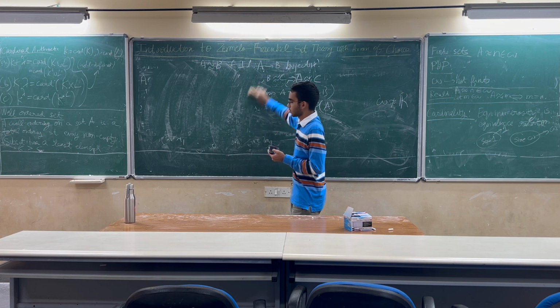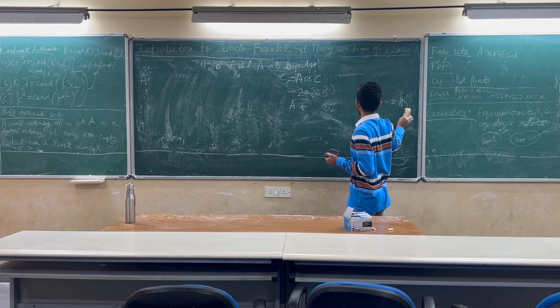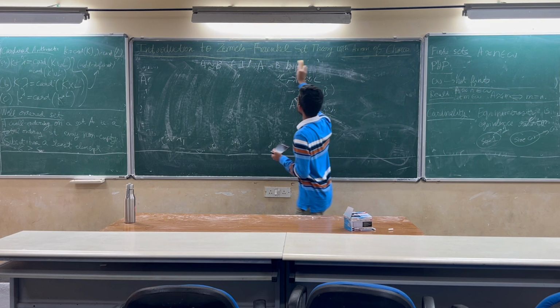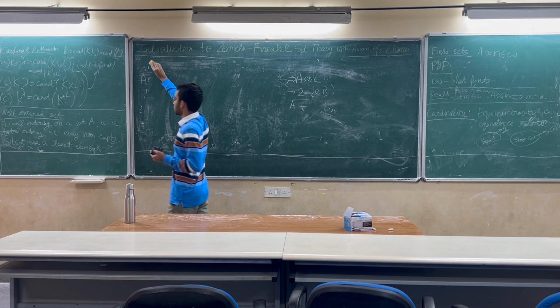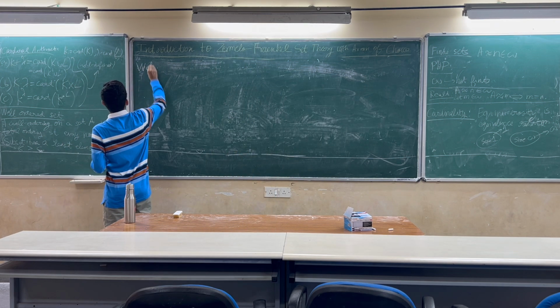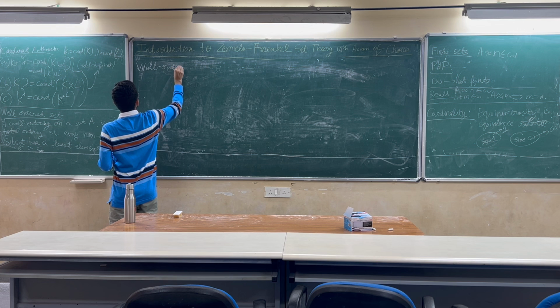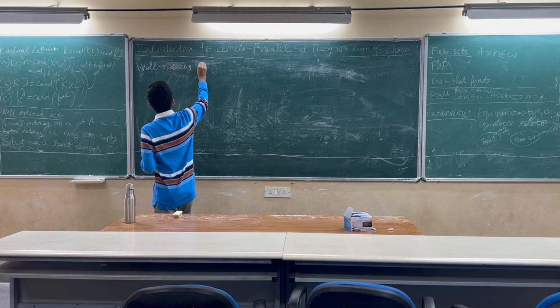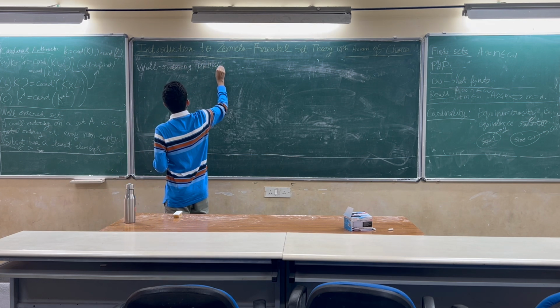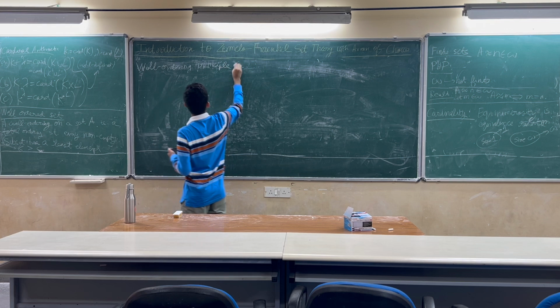So another nice consequence of Zorn's lemma is that any non-empty set can be well-ordered. Each set can be well-ordered. It comes from Zorn's lemma.